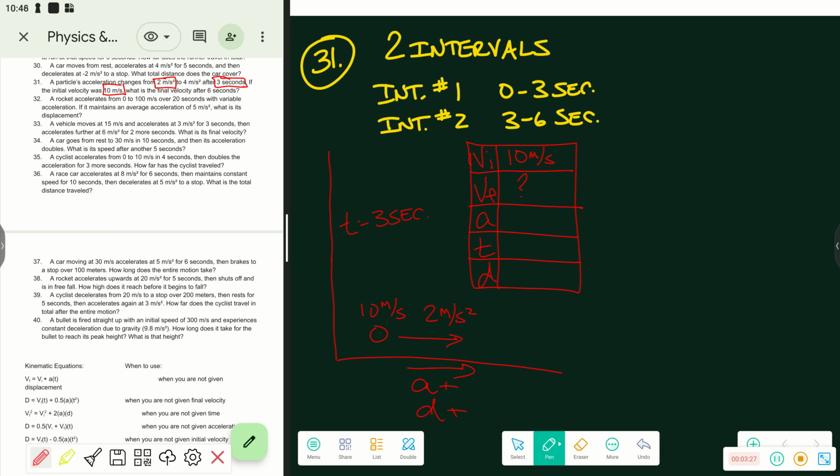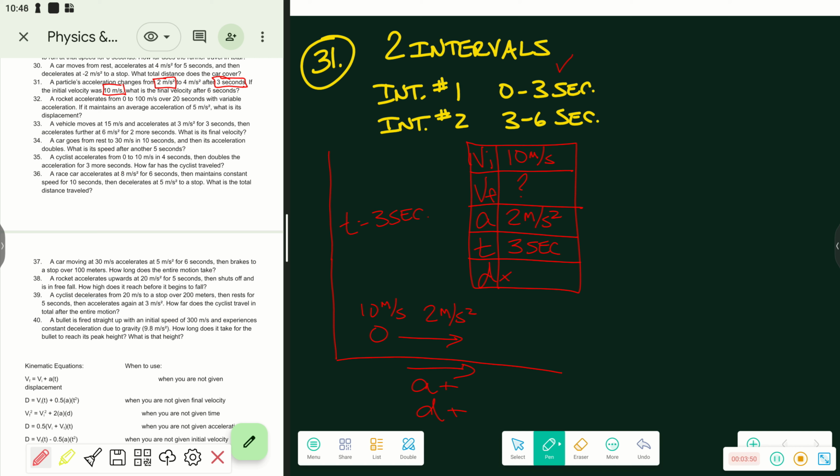What's the acceleration? 2 meters per second squared. What's the time? 3 seconds. Because that's your first interval is 3 seconds, right? So do you need displacement? No, you don't.